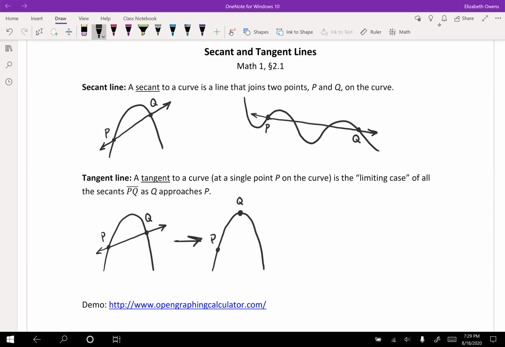All right. There is another secant line, PQ. All right. Let's let Q do a little more approaching. Get a little closer. All right, there's point P hanging out still.